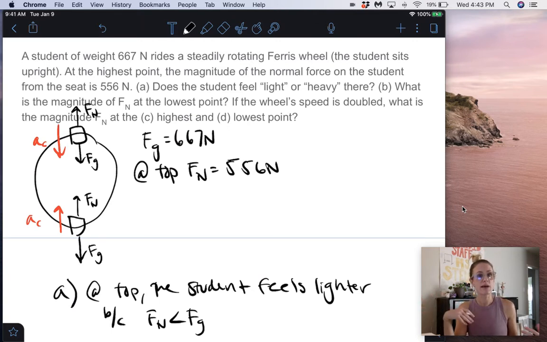Part B says, what is the magnitude of the normal force at the lowest point? Now, in order to find part B, we do have to find the actual centripetal acceleration. And we don't know velocity, so we can't find it from that, but we can find it from the information that's given to us about the highest point.